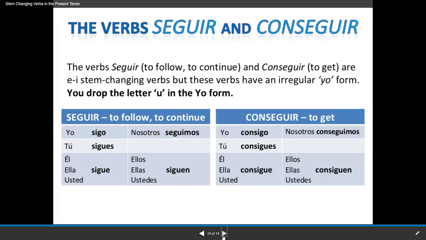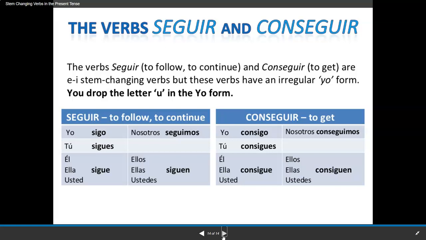Look at my formas. Yo sigo, tú sigues, él e usted sigue, nosotros seguimos, y ellos, ellas, ustedes siguen. For conseguir, to get. Yo consigo, tú consigues, él y usted consigue, nosotros conseguimos, y ellos, ellas, ustedes consiguen.